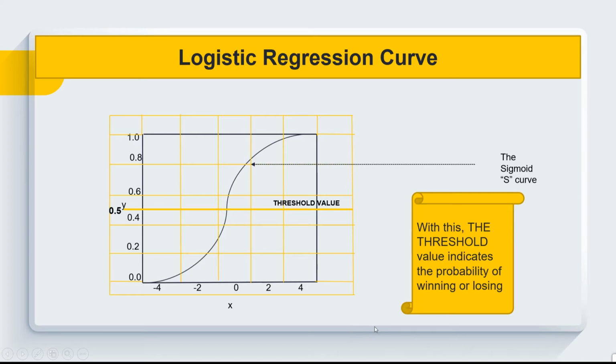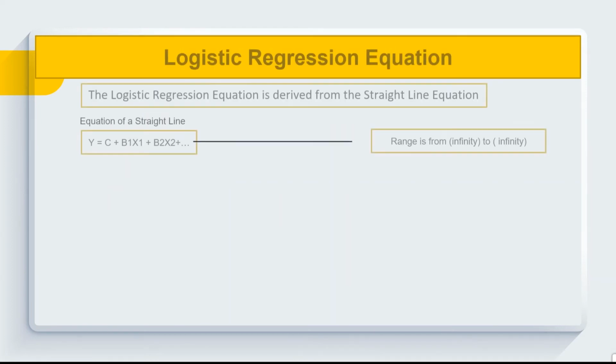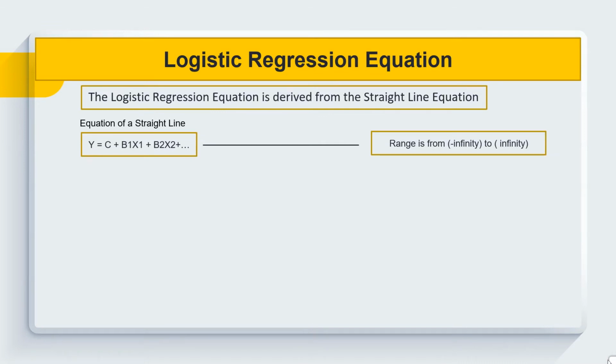So to make this curve, we need to make an equation. So let's see how an equation is formed to imitate this functionality. Over here, we have the equation of a straight line. It is y = mx + c. In this case, I have only one independent variable. But let's say we have many independent variables, then the equation becomes m1x1 + m2x2 + m3x3 and so on till mnxn.